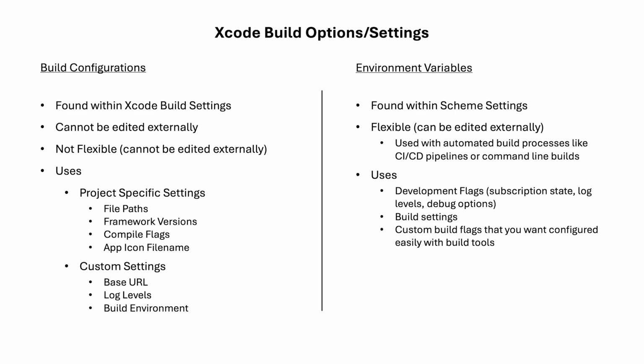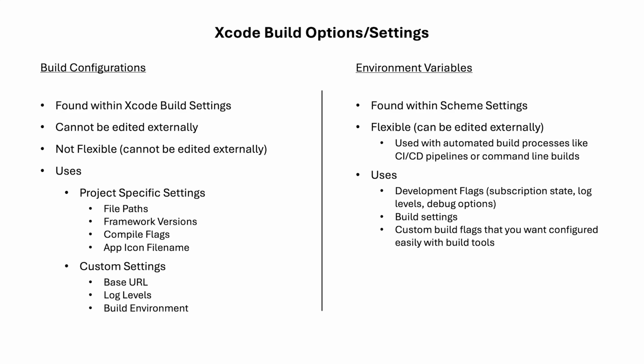That could be to automatically deploy this for QA testing. It could be to automatically create a build that you can distribute amongst internal testers or internal stakeholders like product owners or the CEO of a company that just want to test these things out.